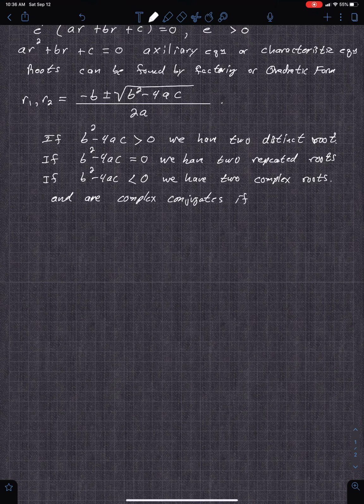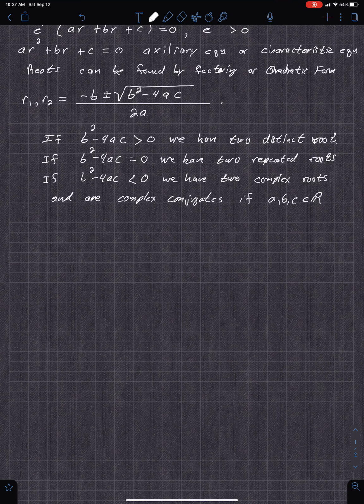It's not an if and only if, it's an implication. Complex conjugates, it's still an implication, if a, b, and c are real.